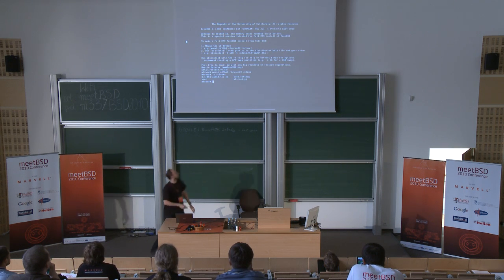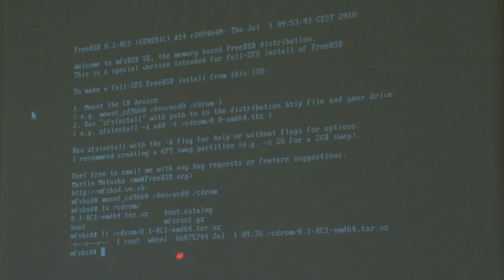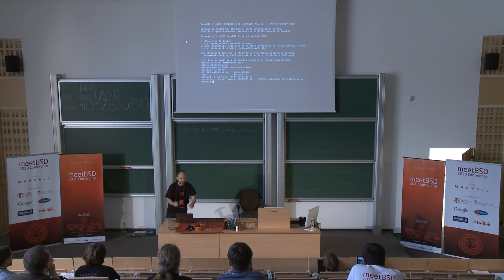On the device, we can see we have a FreeBSD distribution file in XZ. Let's see how big it is. The distribution file is 66 megabytes compressed. That's actually a complete install world inside, and a generic kernel.